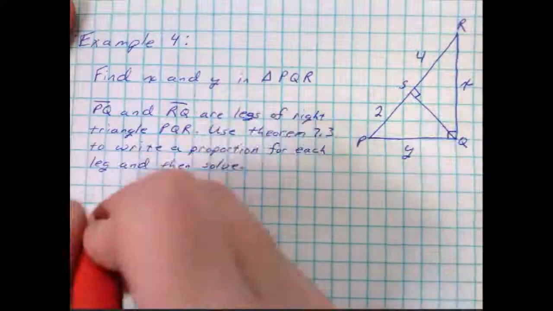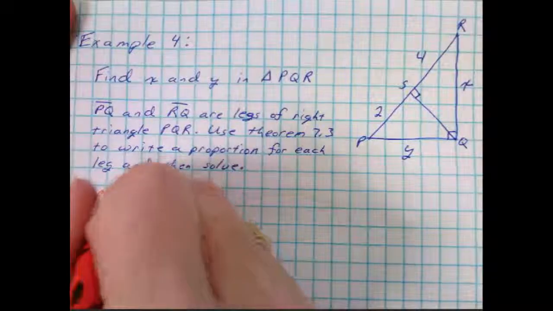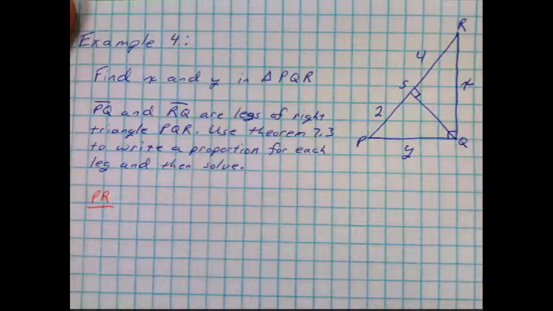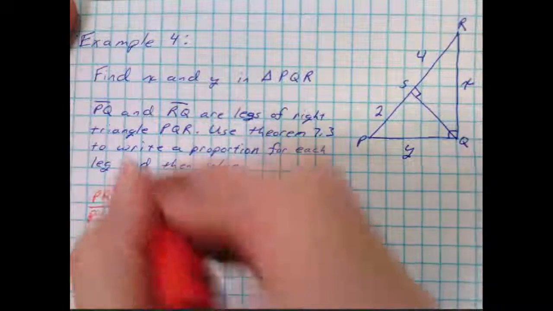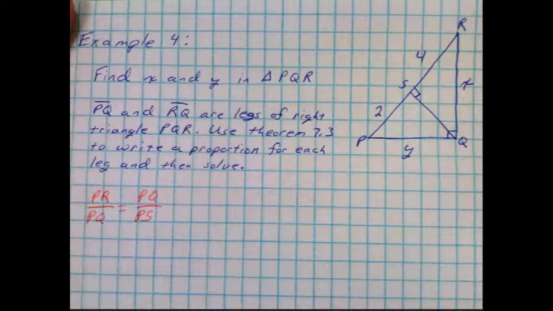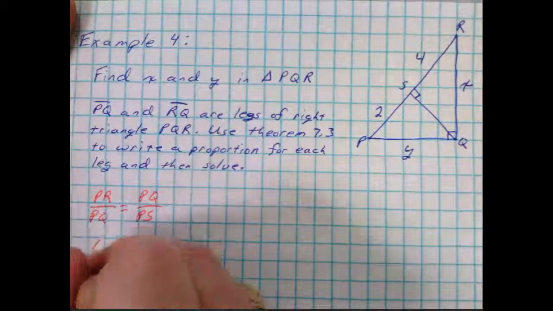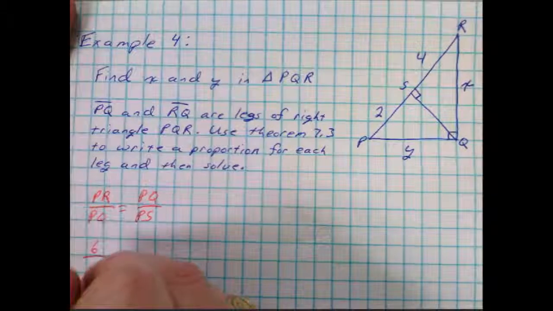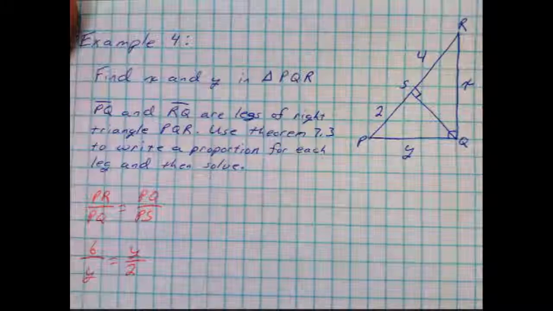So we have PR over our geometric mean, which is PQ, equals PQ over PS, which is the one adjacent. So the whole thing is 6. This is 6 over y equals y over 2.